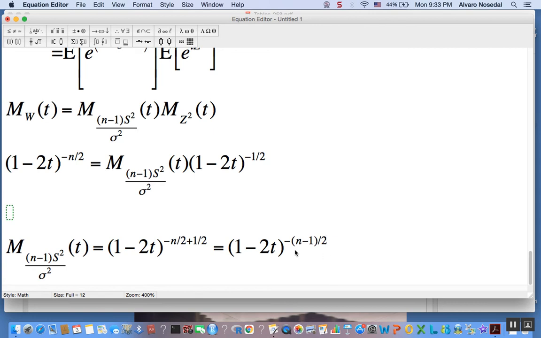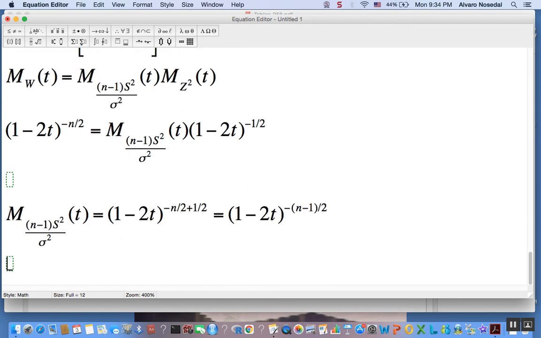But now if you take a look at this expression here on the right hand side, that is the MGF of a chi-square distribution with n minus 1 degrees of freedom. So by the uniqueness property of MGFs, n minus 1 times s squared divided by sigma squared has that distribution.